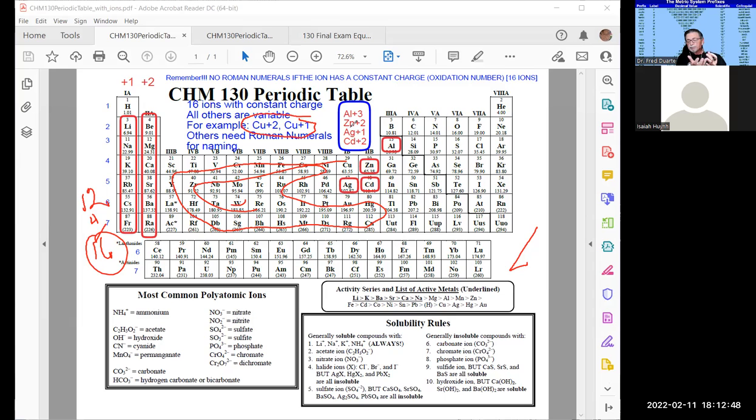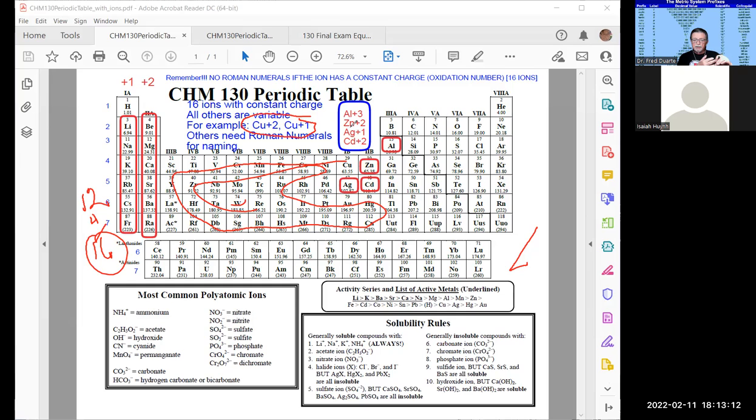Now I got copper +1, which is ionic copper with a +1 charge because it lost 1 electron. Then you also have copper +2. So you got 3 forms of copper. Well, how do you distinguish which one you're talking about? Obviously, if you say elemental copper, no question, that is copper 0.